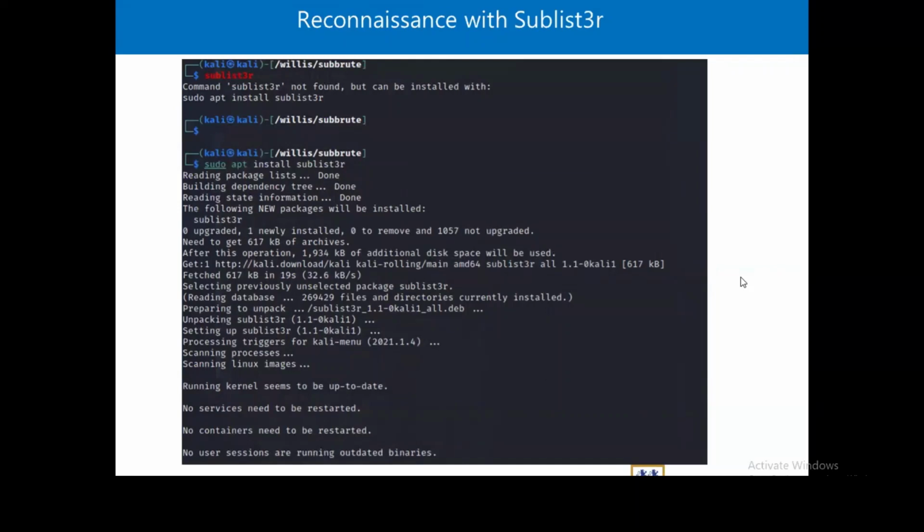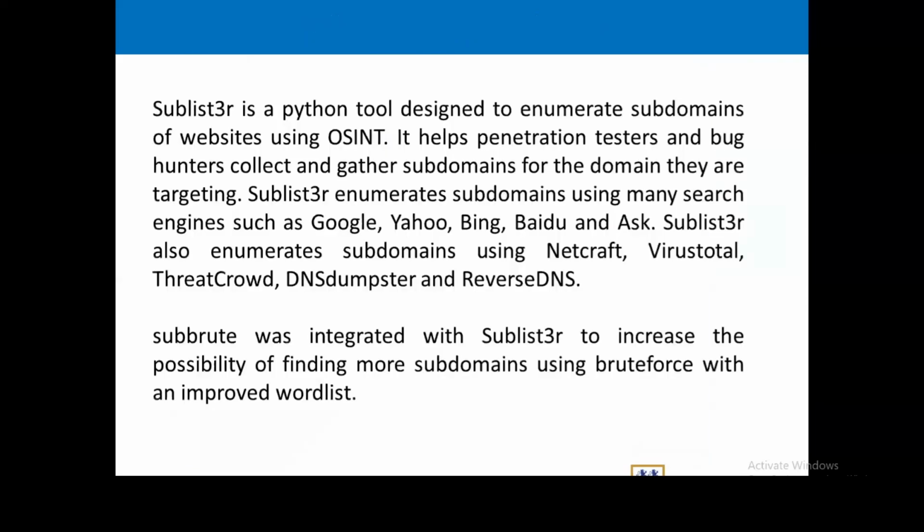Sublist3r is another Python script that can be used to enumerate subdomains of a website. But this is not as active as dns-brute.